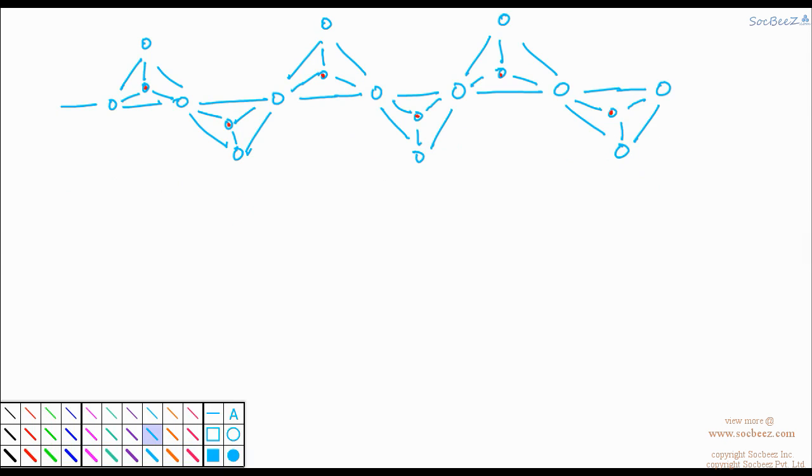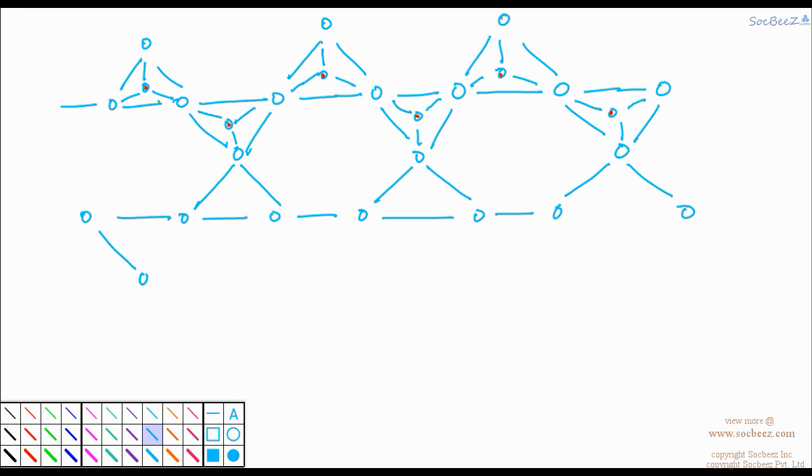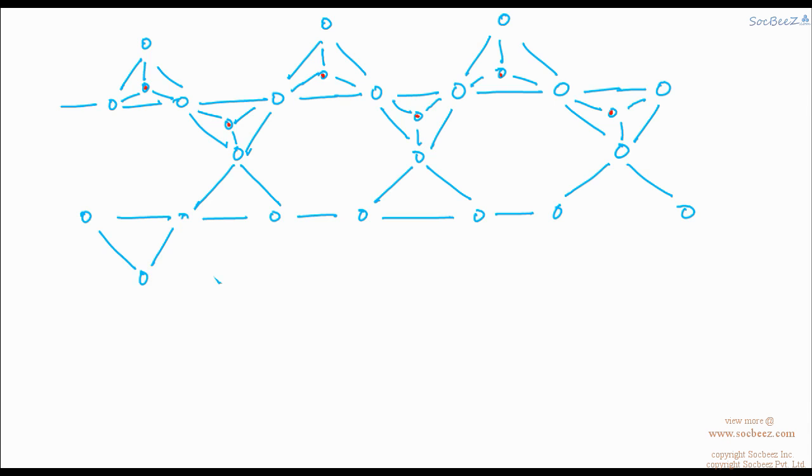So the join would occur from this point, like this. Similarly, like this, similarly over here, and like this.